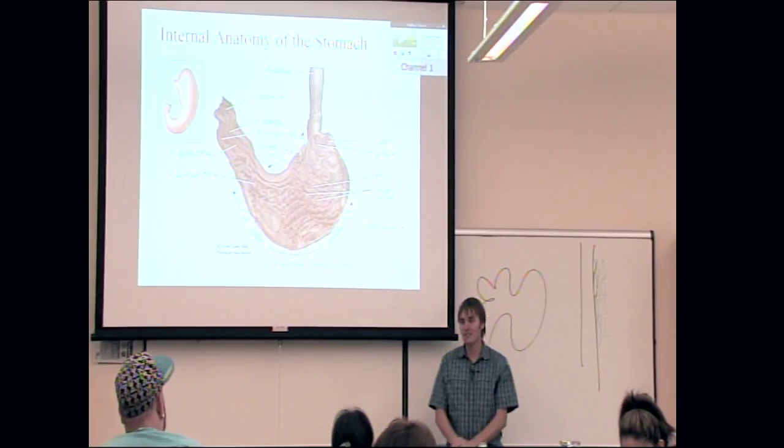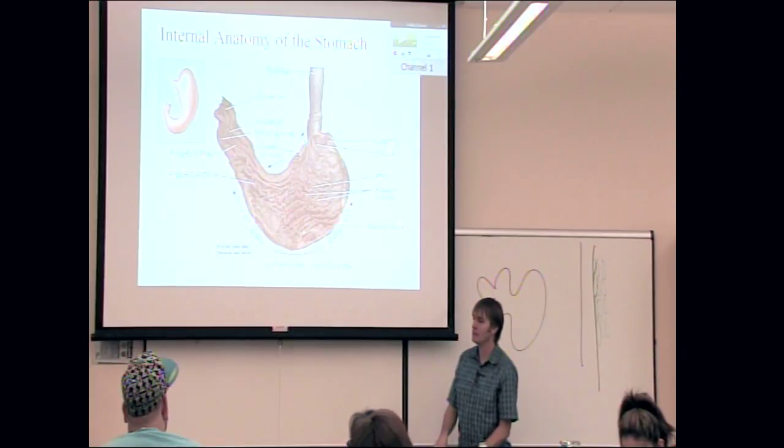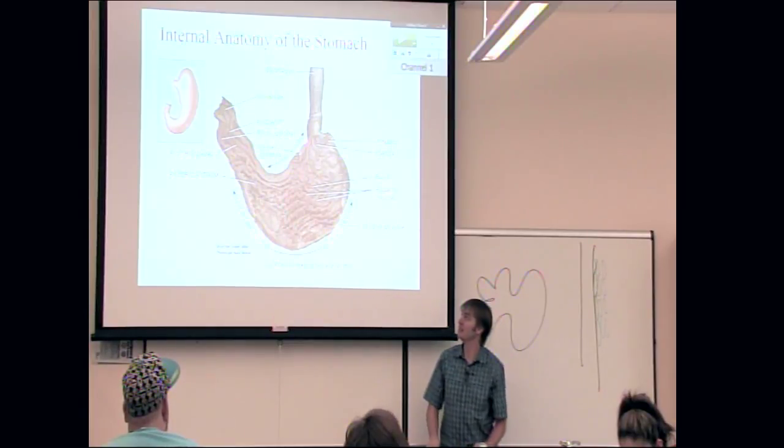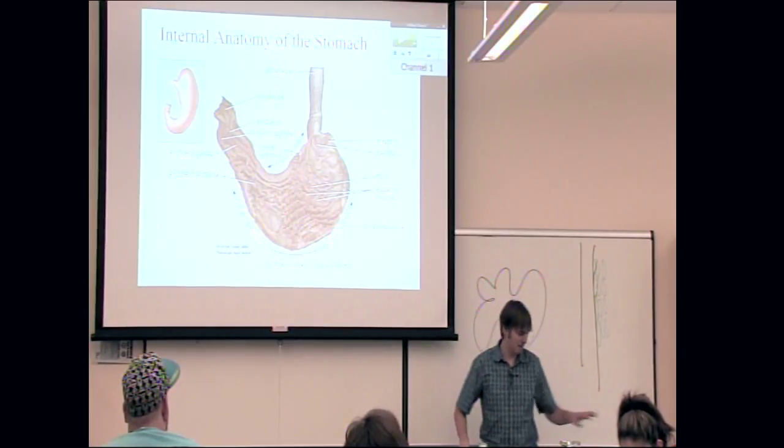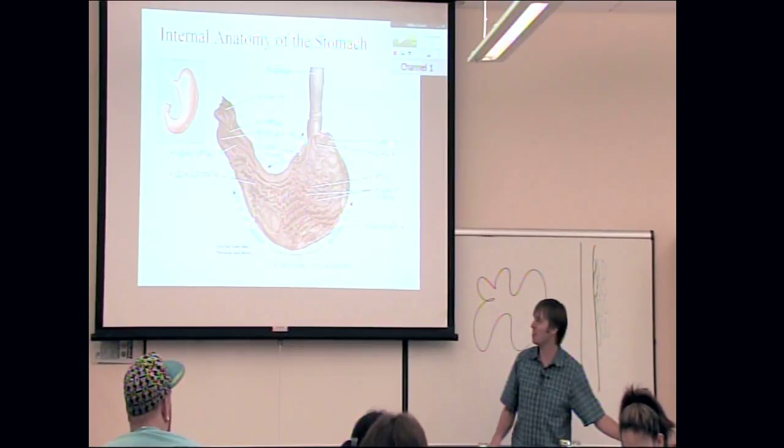Wow. There's one where they take the whole bottom portion, the fundus, cut across the body of it. Oh man, poor stomach. It's always getting stuff done to it. It's just trying to do its job.